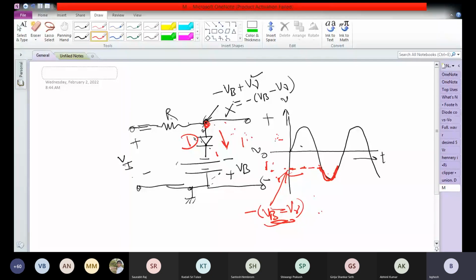So the output voltage is going to follow the input voltage for voltages lower than minus Vb minus V gamma, when the diode D is off. So for this part, I should draw that also in red.